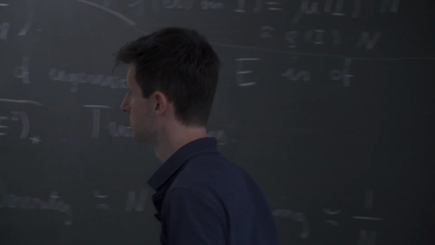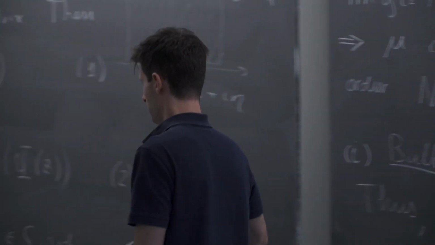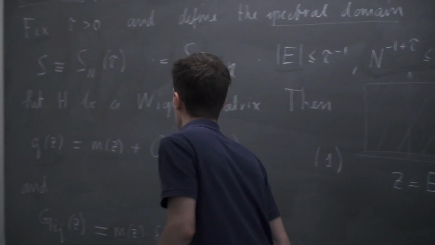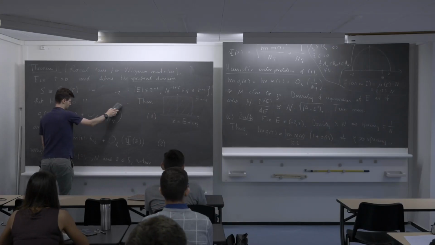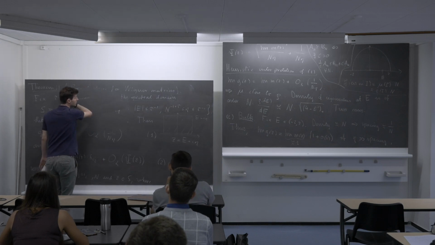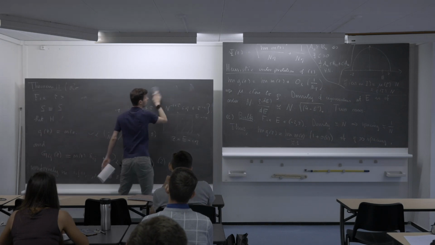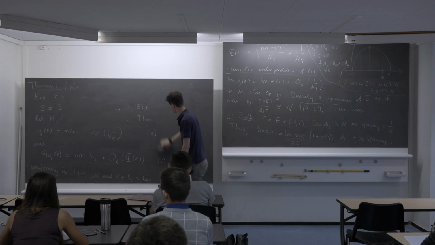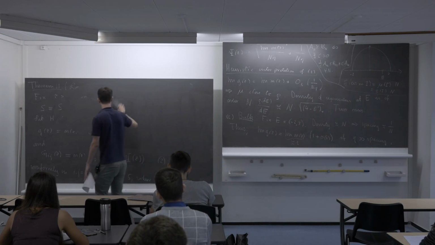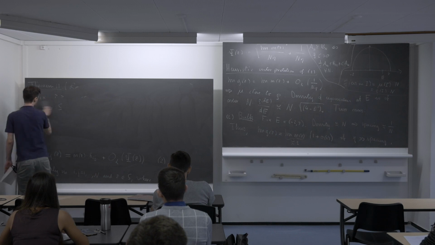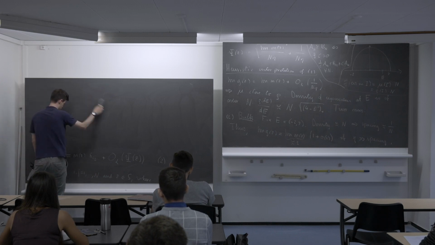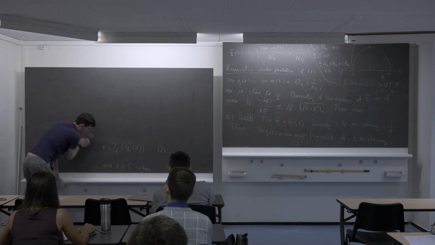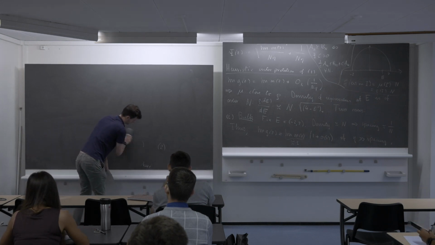It's very instructive to do the same thing at the edge, because the same qualitative conclusion is true, but the scales involved are different. And indeed, the edge behavior of random matrices is completely different from the bulk behavior. So let's do the same heuristic argument near the edge.